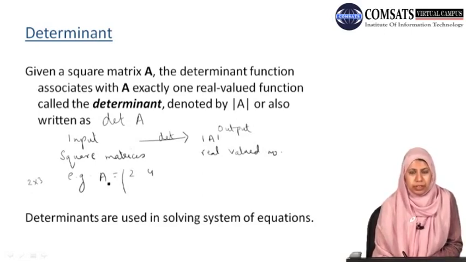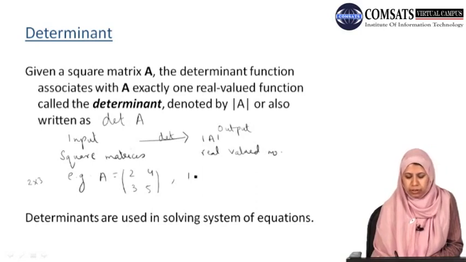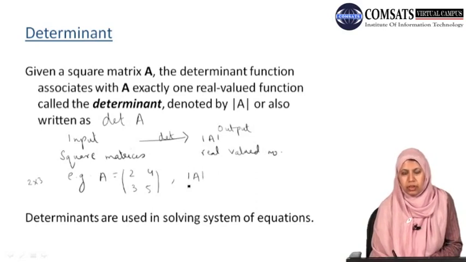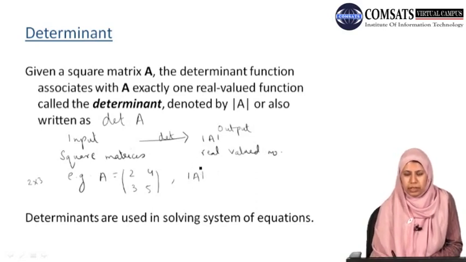Suppose we are given the matrix A with entries 2, 4, 3 and 5. This is a square matrix of order 2 by 2. Then the determinant of A will be a real valued number written with the vertical bar, the name of the matrix, and the vertical bar closed.